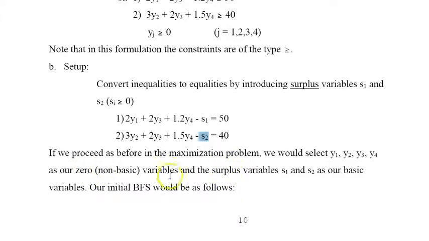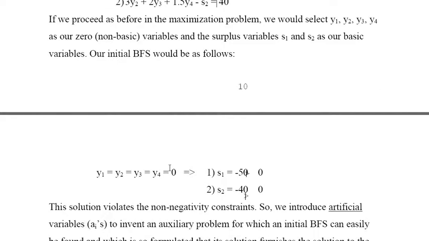Now if I proceed the way I did before and set my variables equal to 0, that would give me as a starting point S1 equal negative 50 and S2 equal negative 40, but the surplus variable should be greater or equal to 0. So I don't have a basic feasible solution and a starting solution.